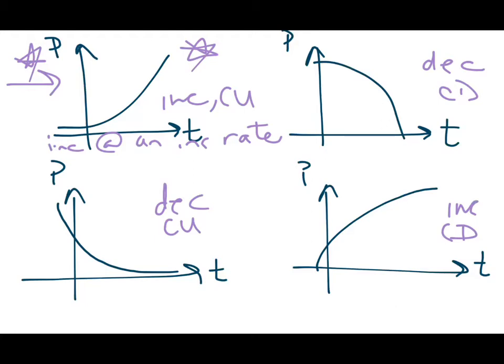The other situation where I'm increasing is here, right? Profits are increasing. Why is this not as good? It's increasing at a decreasing rate, which means that my profits are still going up, but the change between last week and this week wasn't as big as the change between the weeks before.